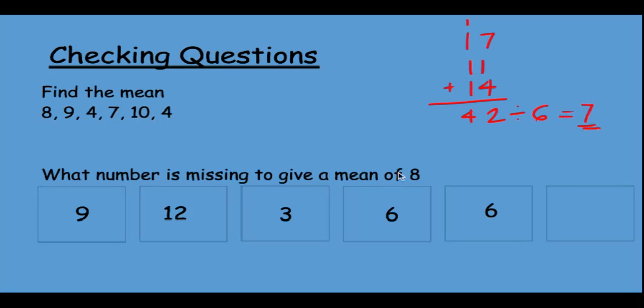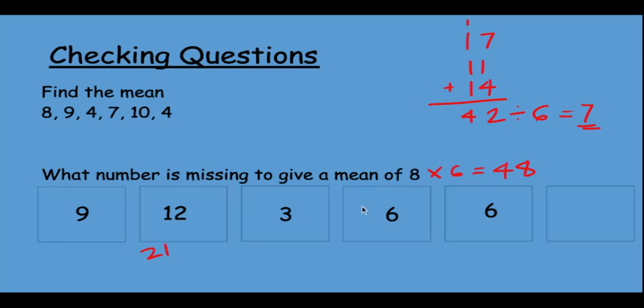And here we need to think of how do we get a mean of 8. So the total divided by 6 would have to be 8. So I know that 8 times 6 is 48. So I need to find how much more I need to make 48. So I've got 9 and 12 is 21.